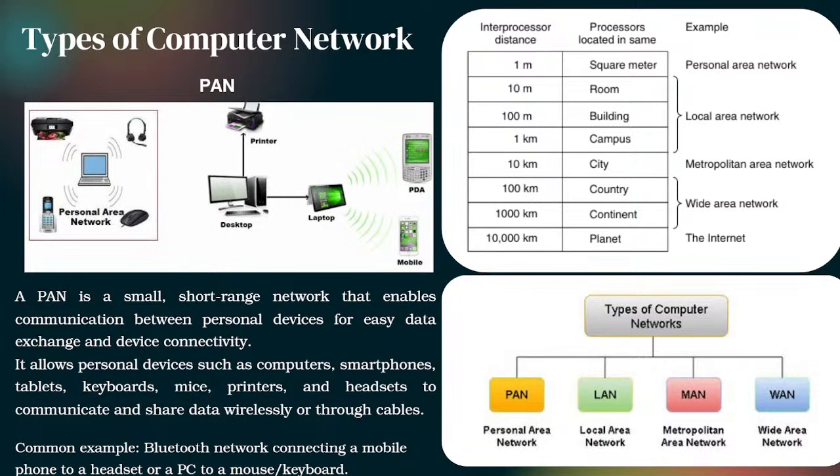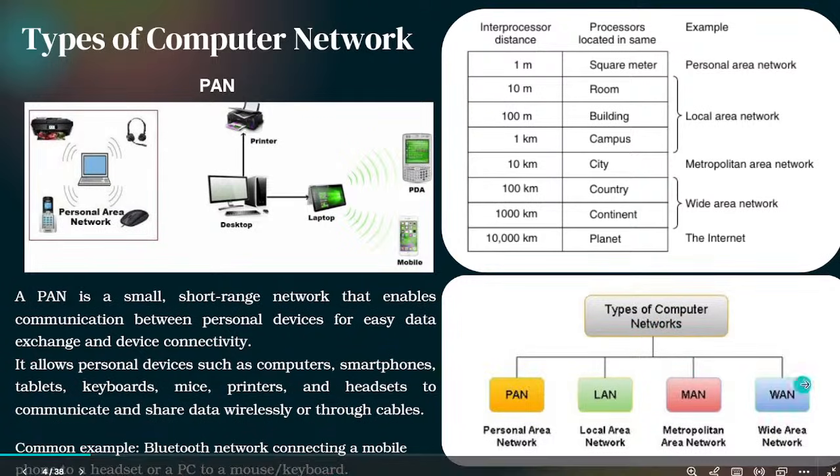So when it comes to the first term, we are talking about personal area network. You can see this image, right? And if the question is, what are the types of computer network, explain it with diagram, the first thing is definitely you will draw this portion, types of computer network, and you will add all these four things.